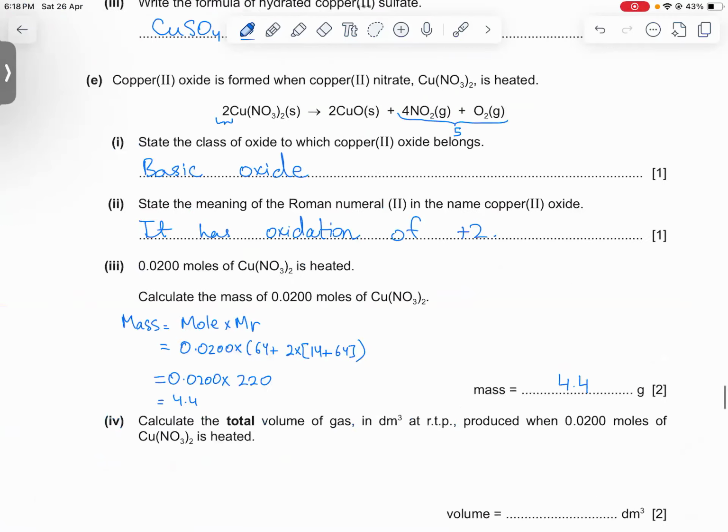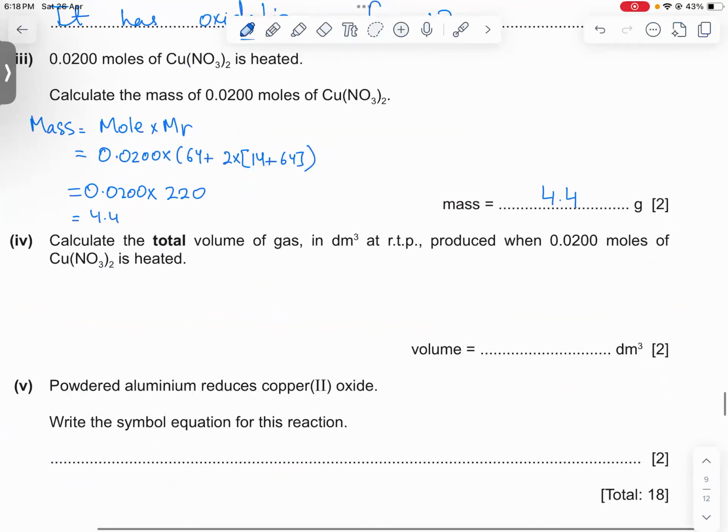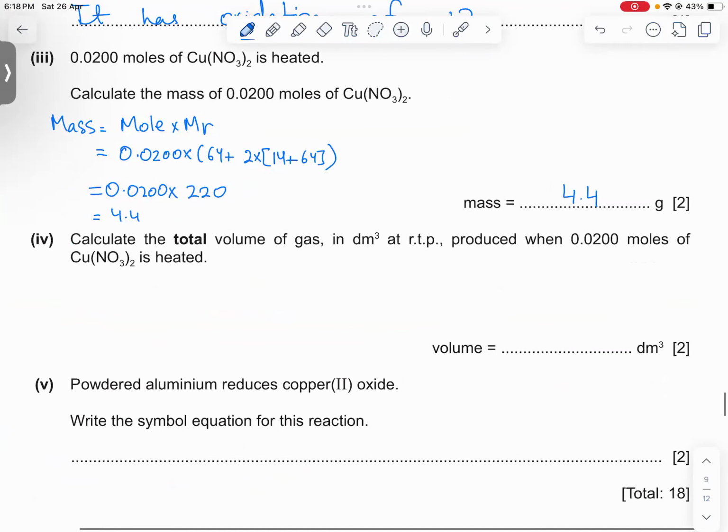I think I made some mistake with the Mr. What did you get, beta? I got 3.7 something. There's a very big difference. I think I made some mistake in the Mr. Let's see.